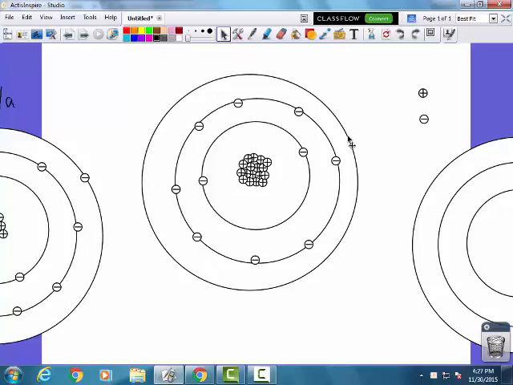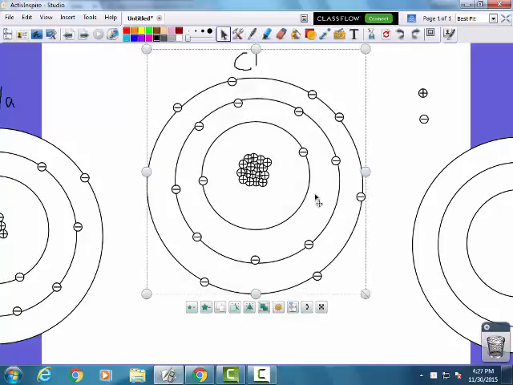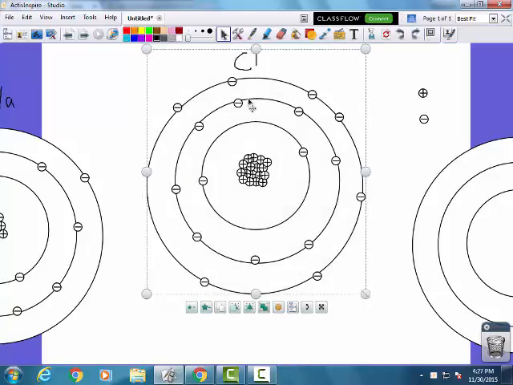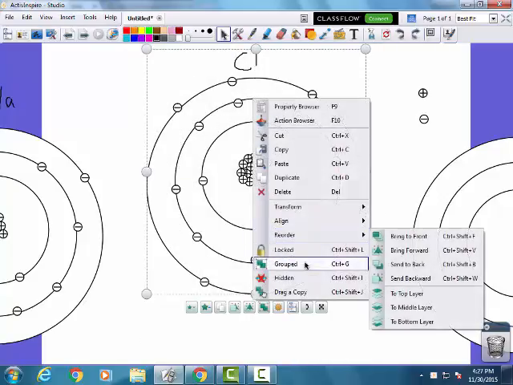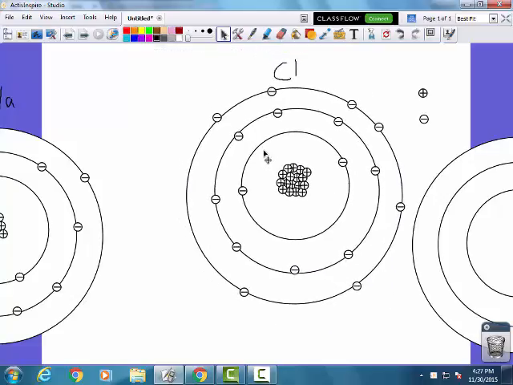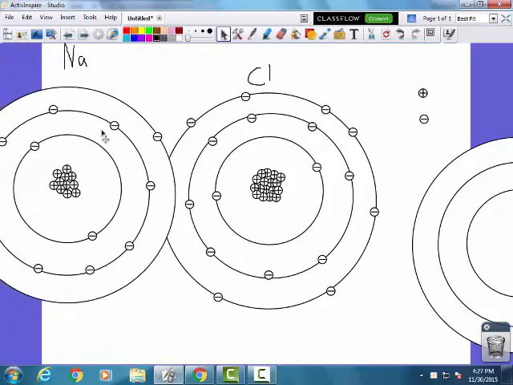The last 7 are going to be in the last shell. So chlorine, it's got 17 protons, 17 electrons that are all distributed amongst 3 valence shells. So now how do these things end up bonding?